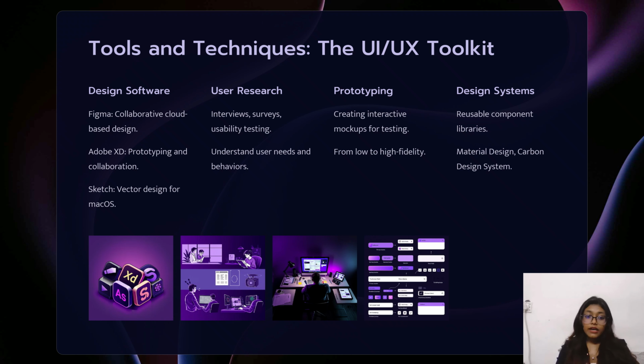We start with the wireframes, which are the basic layouts, then build up the prototypes, which are the interactive models. And of course, there is the design system, a collection of reusable components that helps keep everything consistent. Think of Material Design or Apple's Human Interface Guidelines.